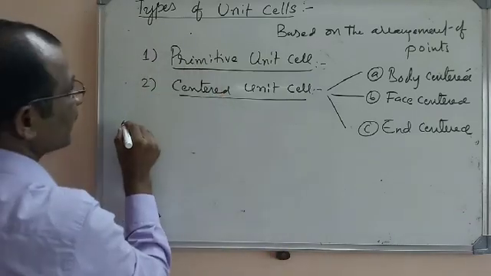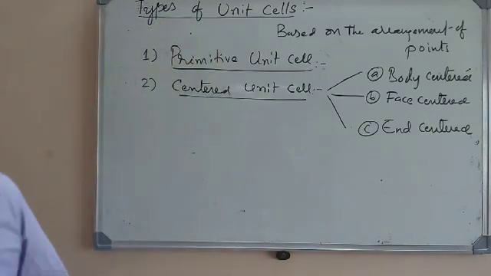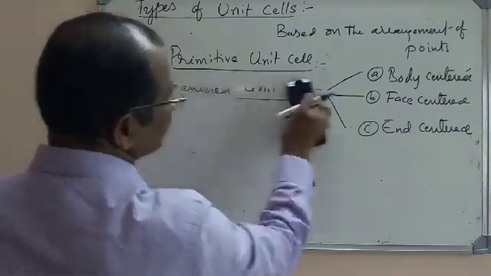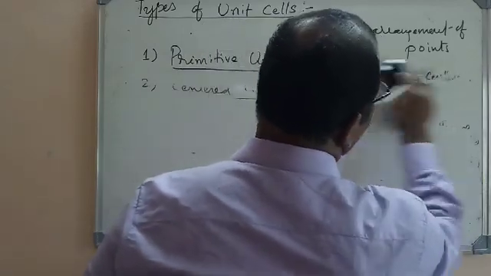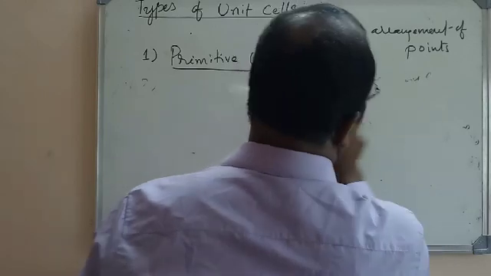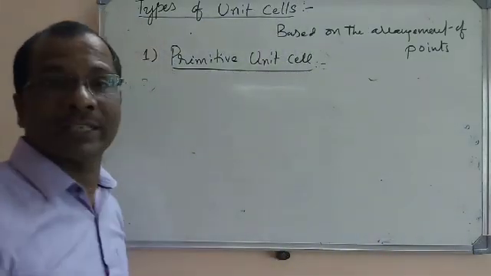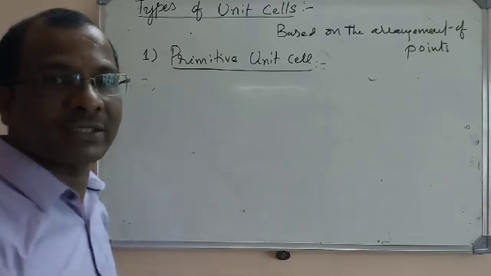Now I am going for the first one, that is a primitive unit cell. So what is a primitive unit cell? Just I am taking a cubical unit cell here. You know what is a cube? Again here we don't need to take only a cube, you can take any geometrical structure.